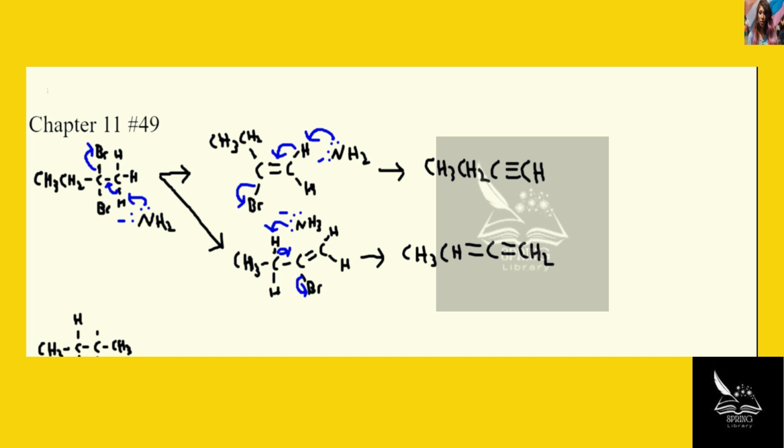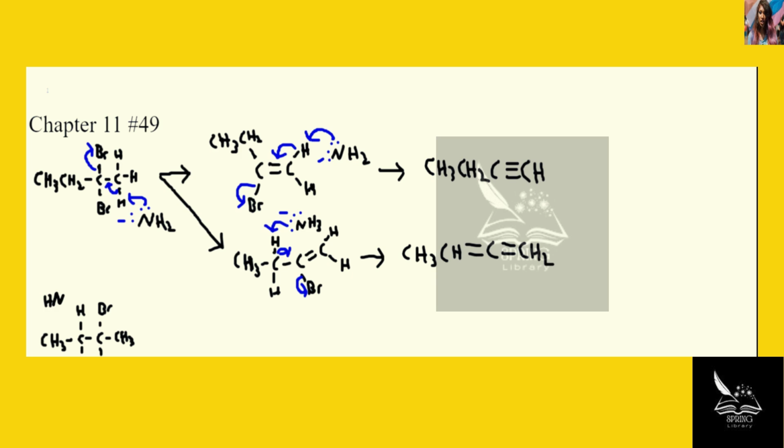Actually, let me move this whole thing up a little bit. Okay, so there we go. So these are bromines. It's always good to draw the right molecule. These are bromines.